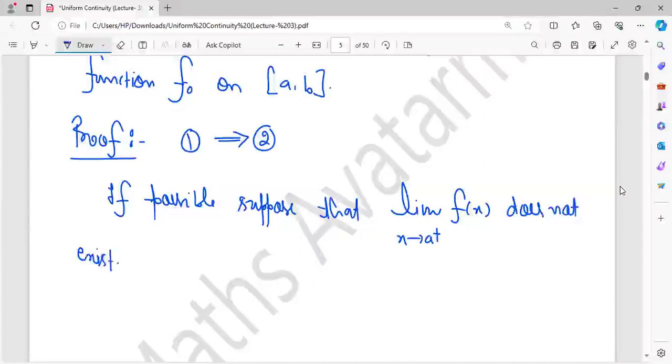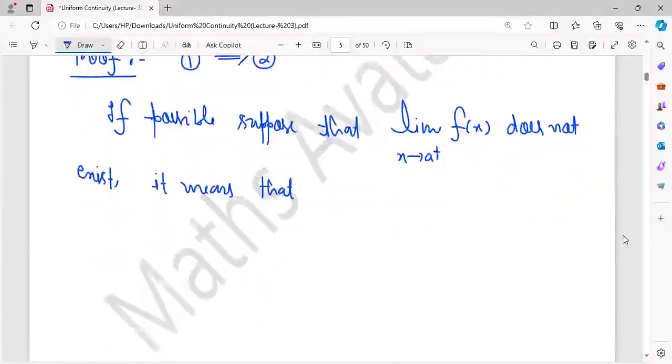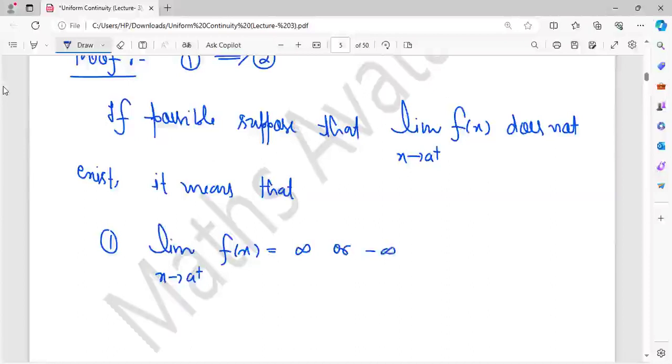What does it mean? It means either limit x tends to a plus is plus infinity or minus infinity.